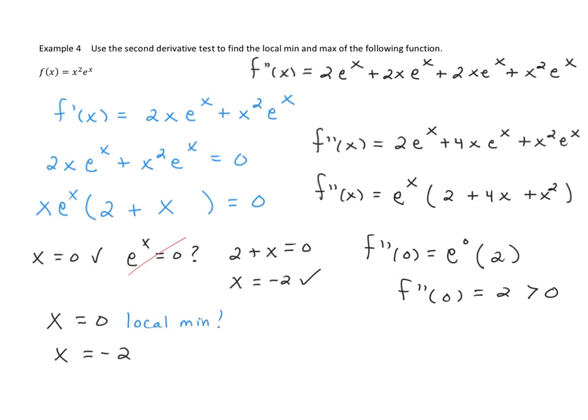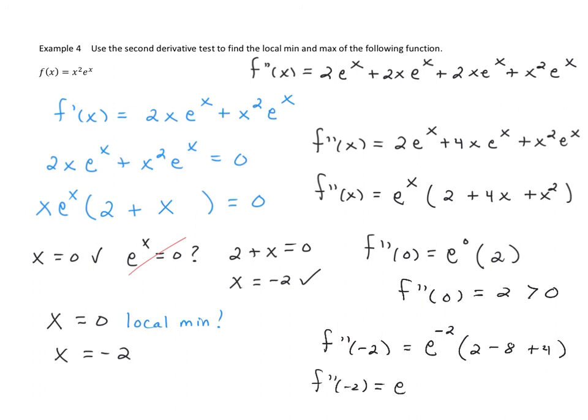All right, what about -2? Let's try that one. If I put that into the function, I get e to the -2. Then I get 2 minus 8 plus 4. And is this thing positive or negative? This is f double prime of -2.